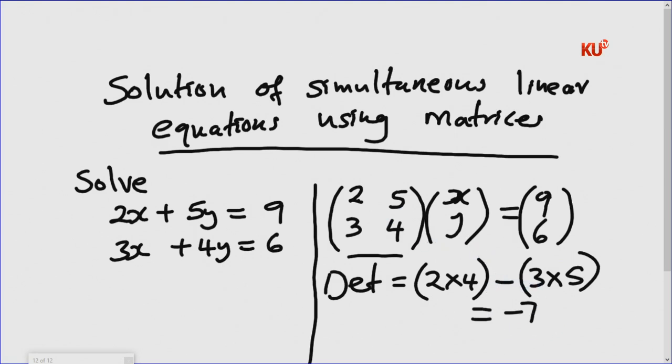So we interchange 4 and 2, so we have 4 and 2. Change the sign of 5, so we have -5. Change the sign of 3, we have -3. Then we divide by -7.